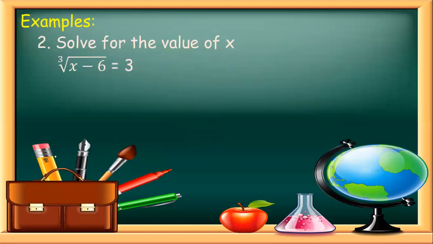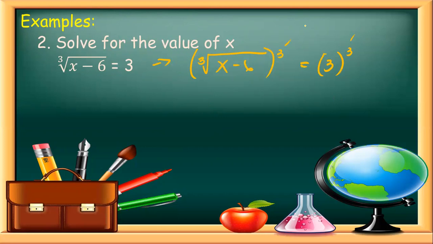Another, let's solve for x here. We have the cube root of x minus 6 is equal to 3. Since our given here is a cube root, you have to raise both sides of the equation to the power of 3. So we have the cube root of x minus 6, raised to the power of 3, equals 3, also raised to the power of 3.